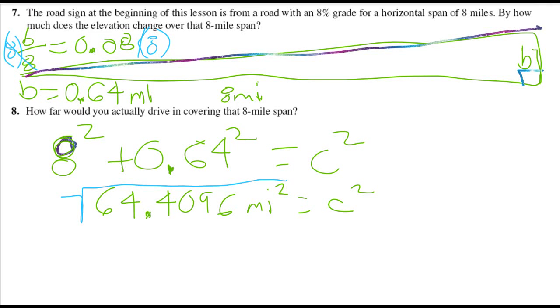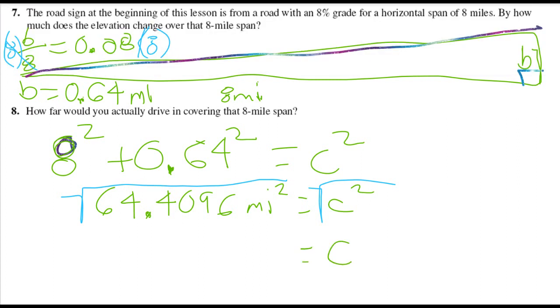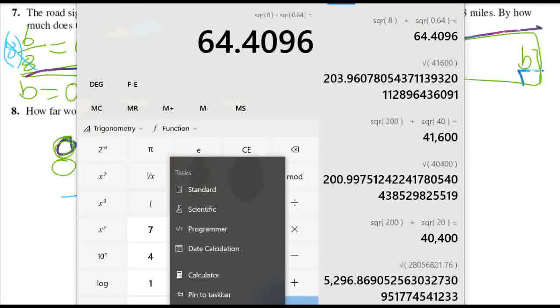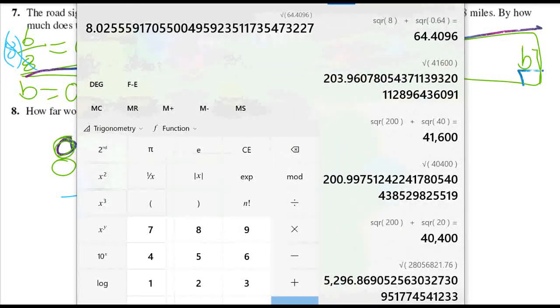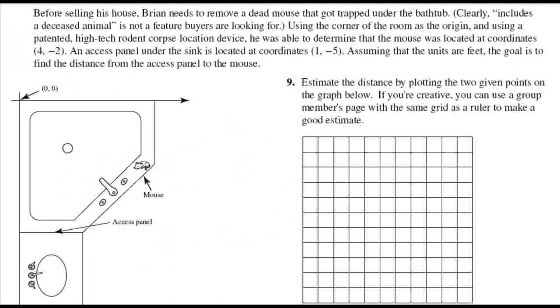Taking the square root of 64.4096 is going to give me the square root of c squared. And the square root of c squared is just c. Then I do my square root. I get 8.025, we'll call it 8.026. So the actual driving distance is a little bit more. Go on to question 9.